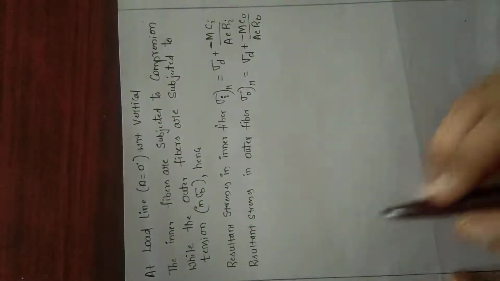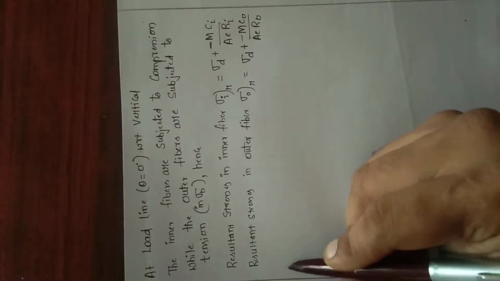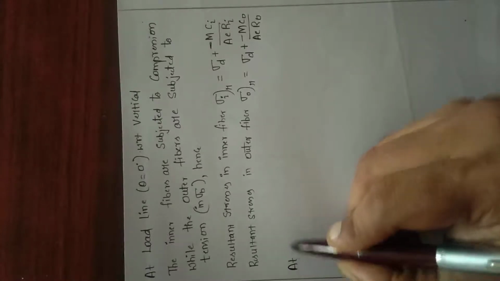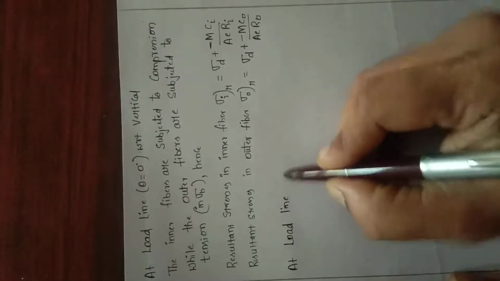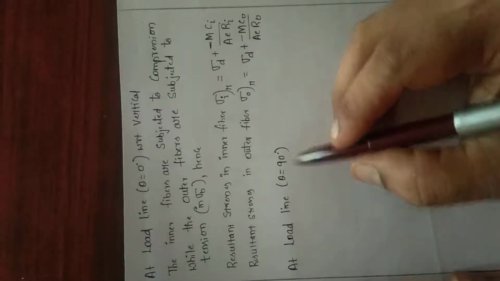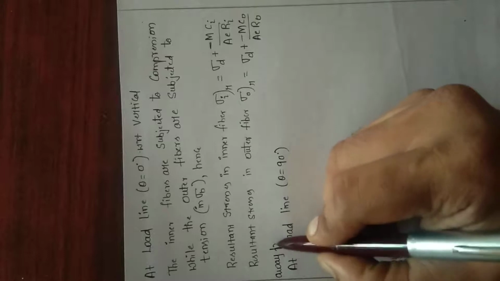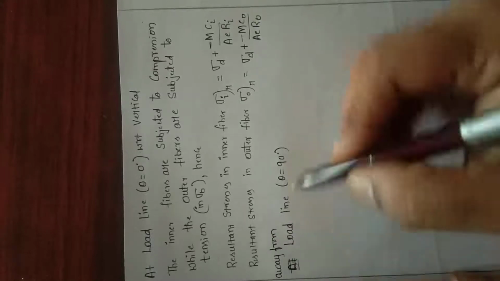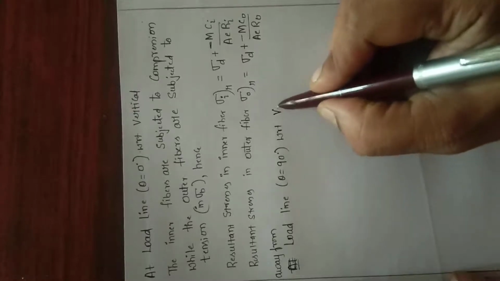Okay, fine. So away from the load line, or I can write at the load line, theta equal to 90 degrees from the load line, or away from the load line, when theta equal to 90 degrees with respect to vertical.